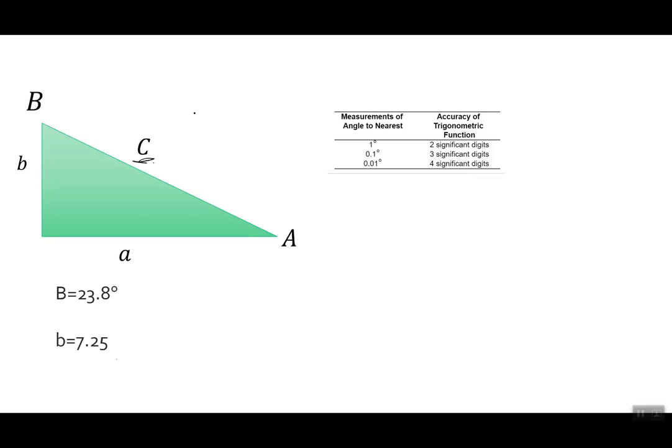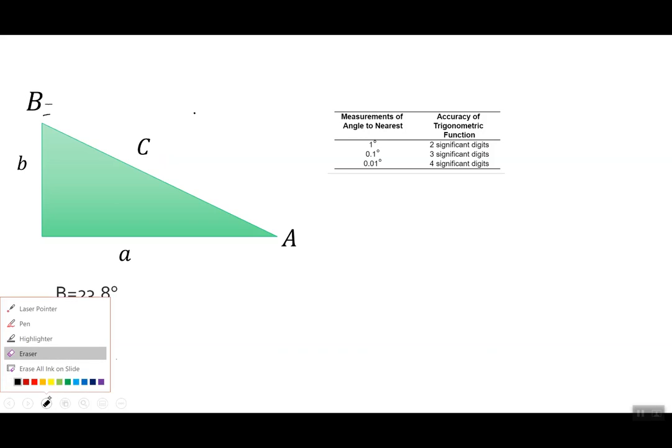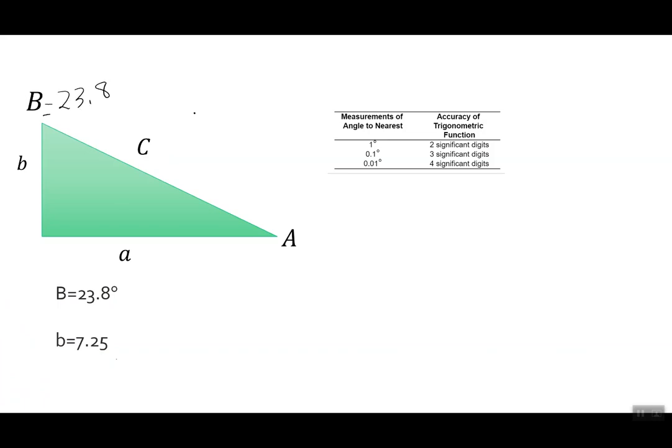So to find the value for C, I'm looking at B was equal to 23.8, and I know that side B is 7.25, and I think, well, what kind of relationship could I use with the side B and C?